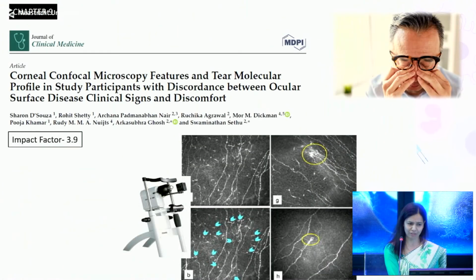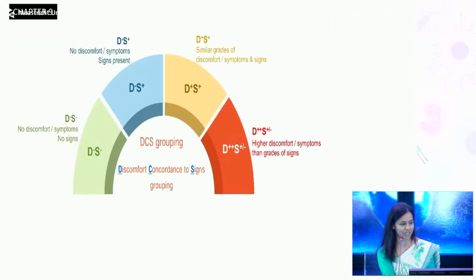So another different profile. Speaking of pain, in clinics, we do come across people who have a lot of pain in their eyes, but unfortunately, we do not see enough signs in their eye. We cannot attribute as to why they're having pain. And that is very difficult to treat if we can't see what's happening to them. So we made this grouping or classification, which is known as the DCS grouping.